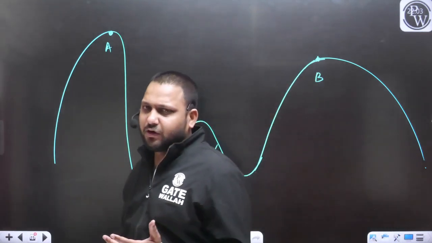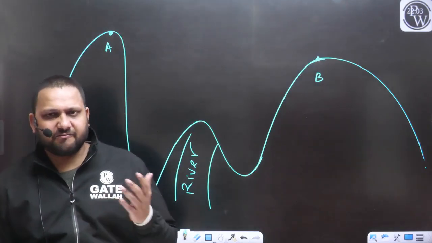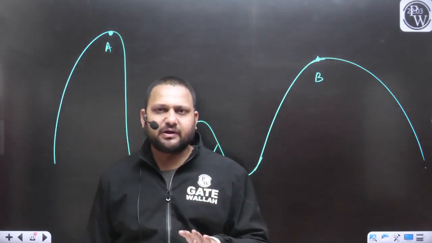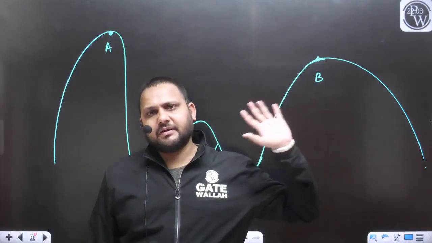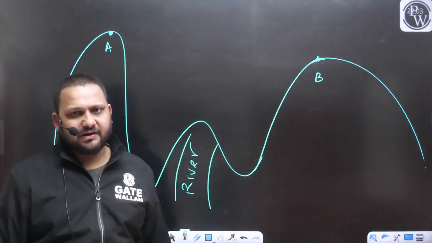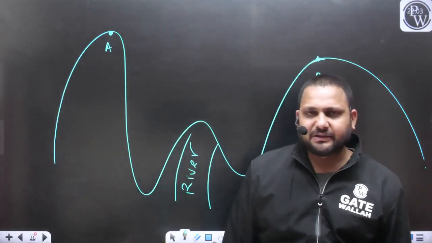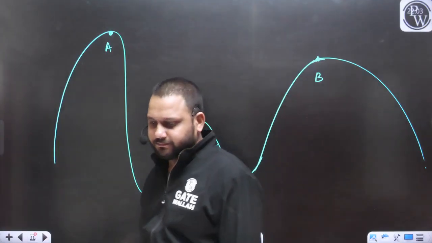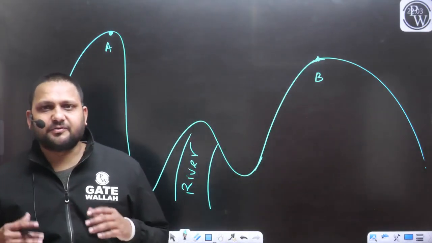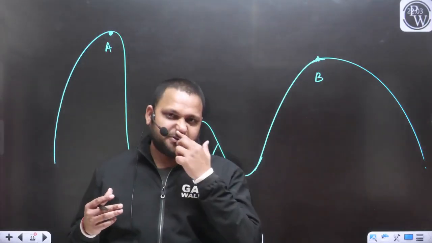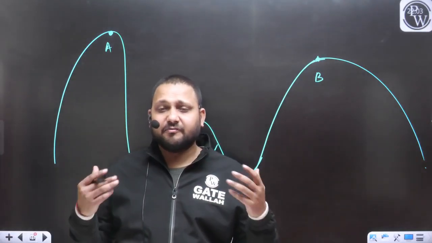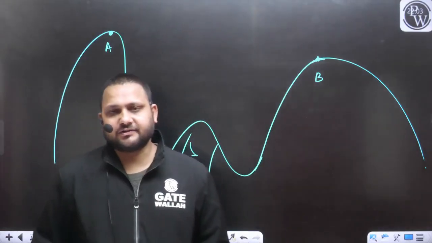So if we talk about the various methods of leveling, like fly leveling, you put the instrument at one position and take the staff readings, like we have done in the numericals. That method was fly leveling. Sometimes you also measure the elevation with the help of the boiling point, yes or no?